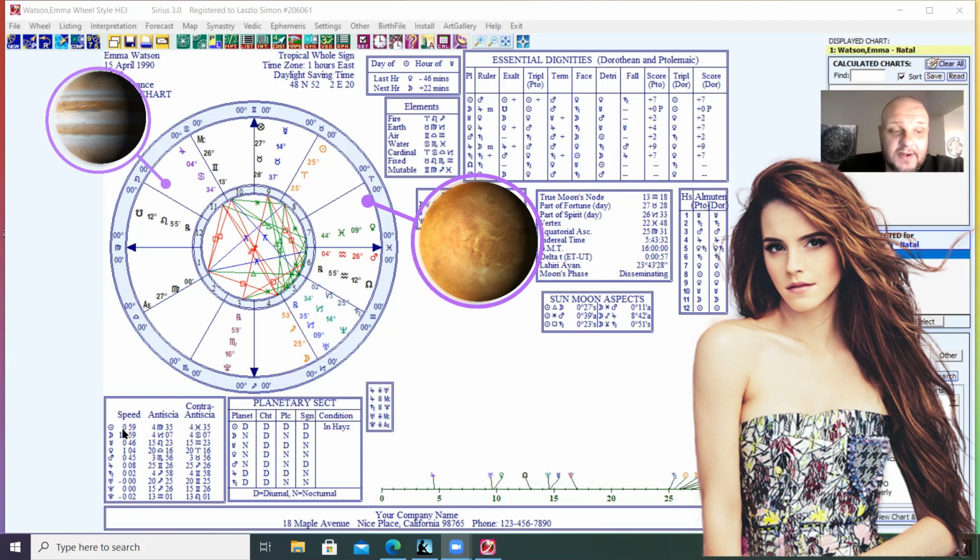For instance, in this example, you can see that Mercury is moving 0.46. I'm circling at the bottom of the screen, and Venus is moving 1.04. So if there was an aspect between Venus and Mercury, Venus would be the faster moving planet. By the way, we do have a sextile between them, and therefore this is going to be an applying aspect. But let's go back to our Venus and Jupiter separating aspect.